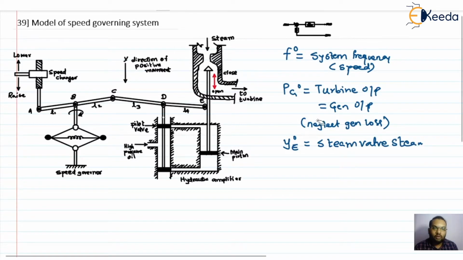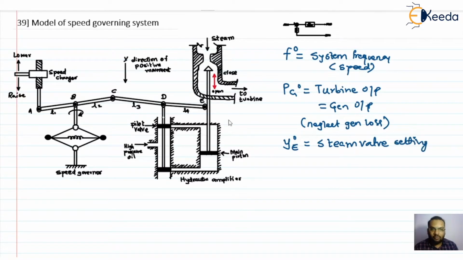Here y is the movement of the linkage mechanisms, as I told you yesterday, and specifically the downward movement will be considered as a positive one.